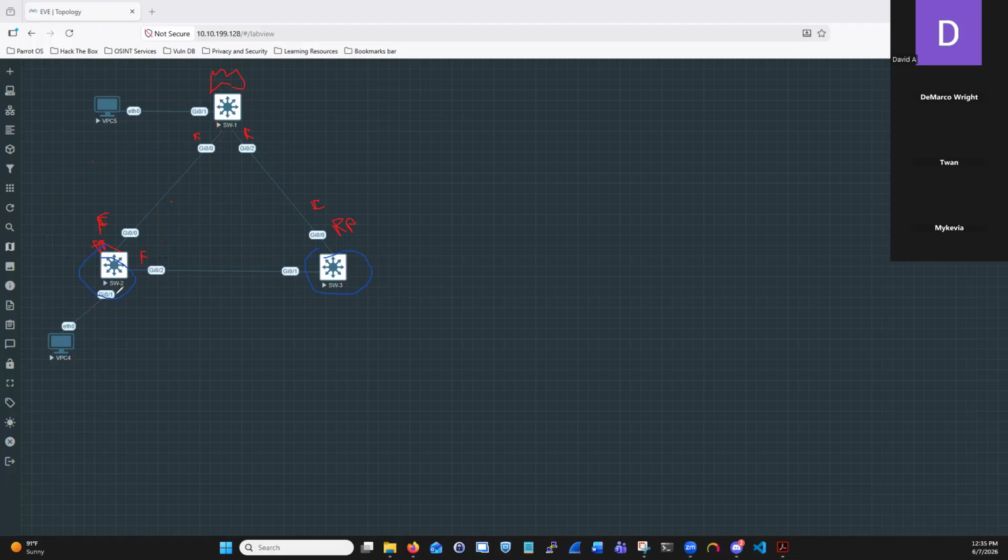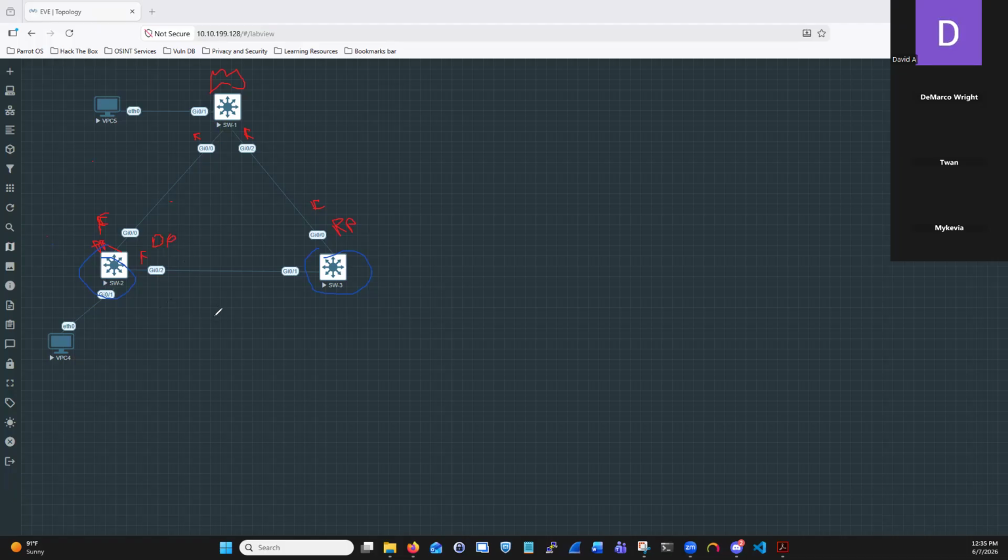Let's talk about each local area network's designated port. For the example we spoke about between the non-root switches, switch 2 to switch 3, switch 2 won the election. It's a designated switch, and it has been assigned a forwarding state, but the role is called a designated port.